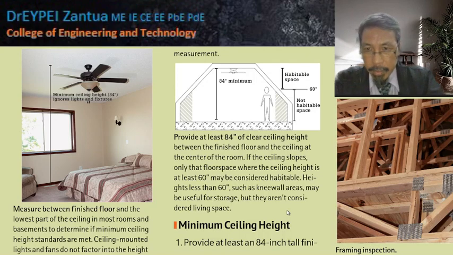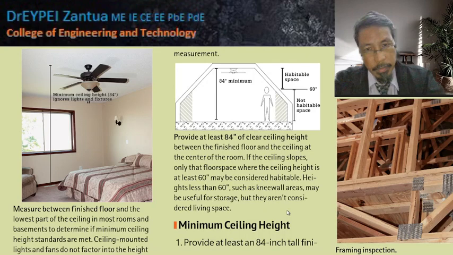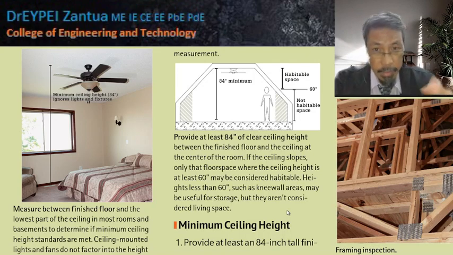Ignore lights and fixtures, but always measure up to the lowest part of the ceiling. Okay, so you can look at the picture. With 84 minimum, ignoring the lights and fixtures and the ceiling fan.